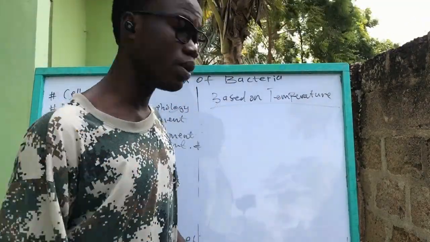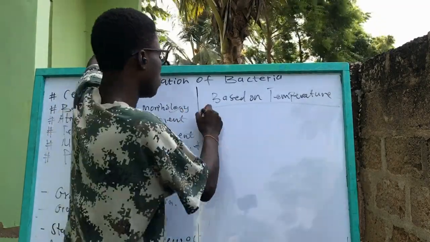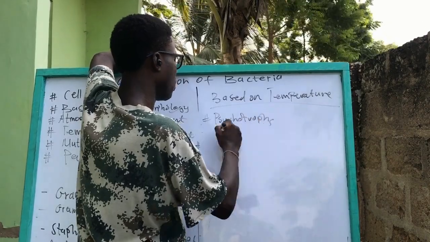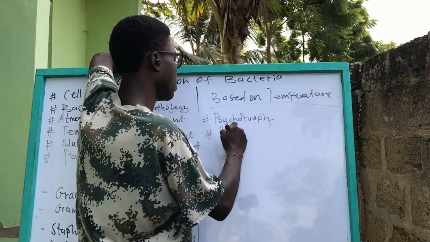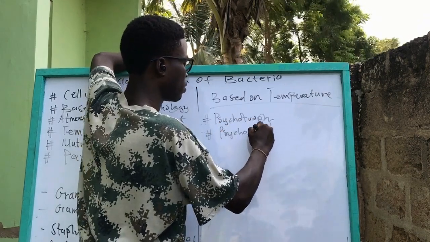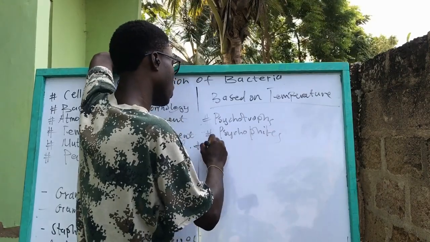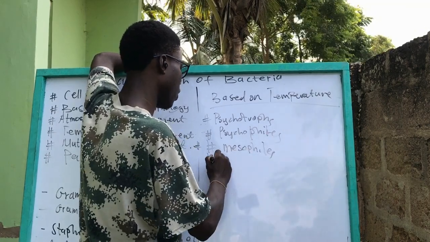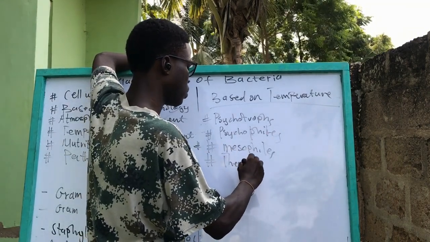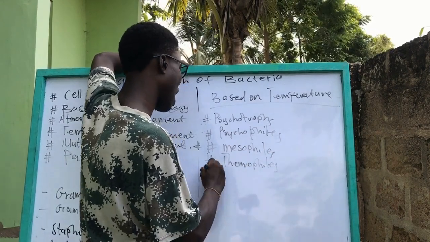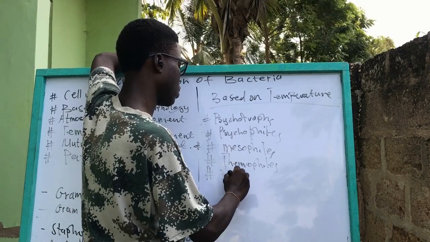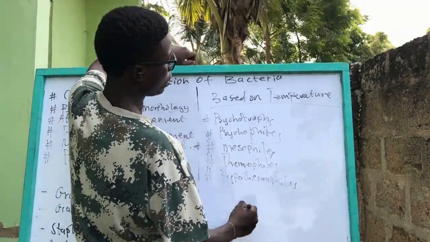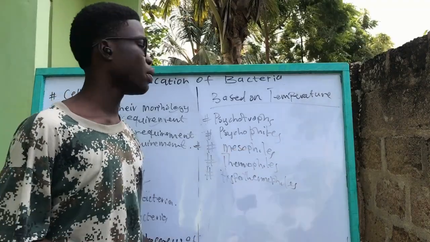Based on temperature, bacteria can be distinguished into the psychotrophs, the psychophiles, the mesophiles, the thermophiles, and the hyperthermophiles. All these are based on temperature ranges.